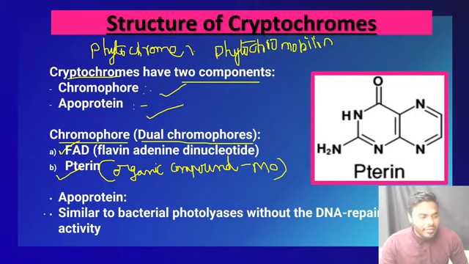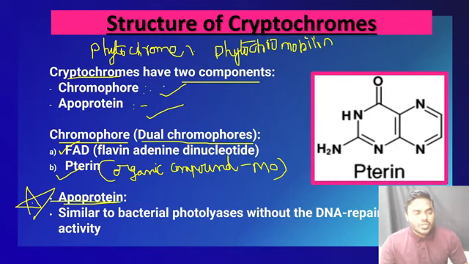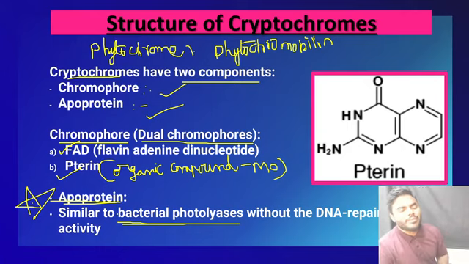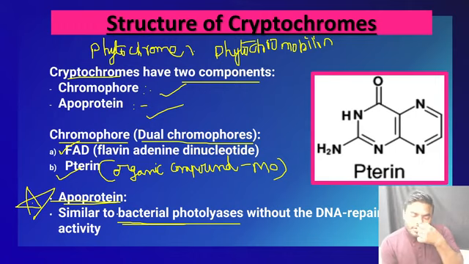And friends, every student has to remember this for the exam in terms of part B. What is the apoprotein here? The name of the apoprotein in the cryptochrome is the bacterial photolyase enzyme. Friends, we studied about this bacterial photolyase in the molecular biology chapter while reading a repair called photoreactivation repair or direct repair.